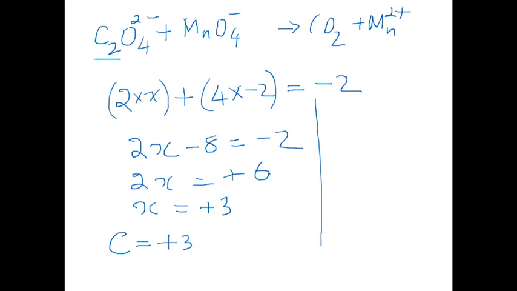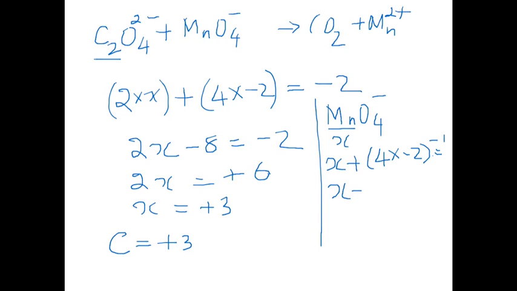Let's look at the oxidation number of the manganese ion in permanganate. MnO4 minus, Mn is going to be X, so X plus 4 times -2 is equal to -1. There are 4 oxygen atoms. -2 is the oxidation number of oxygen atom, which is also the common valency.